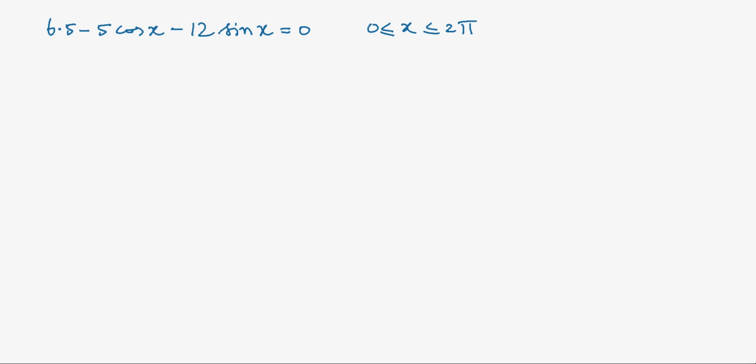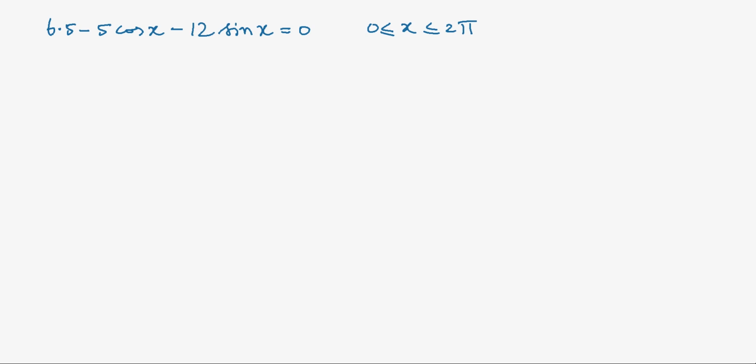So how do you proceed? Well, I want to know your thought process. Can you think about in what way? Don't rush. We have x at two different places in the equation, one with the cosine and one with the sine, right?